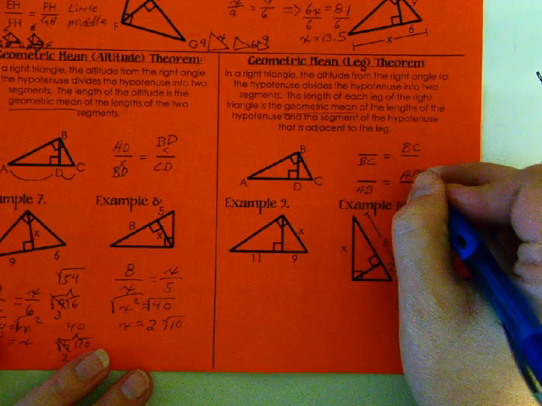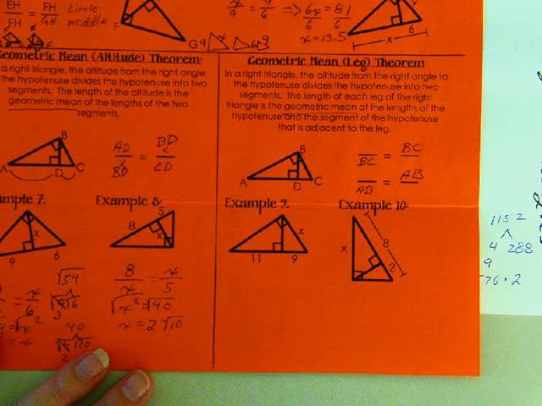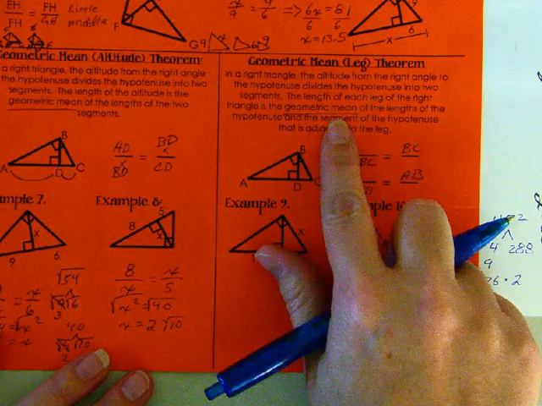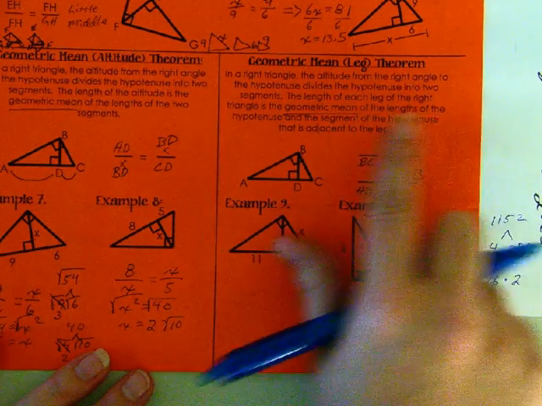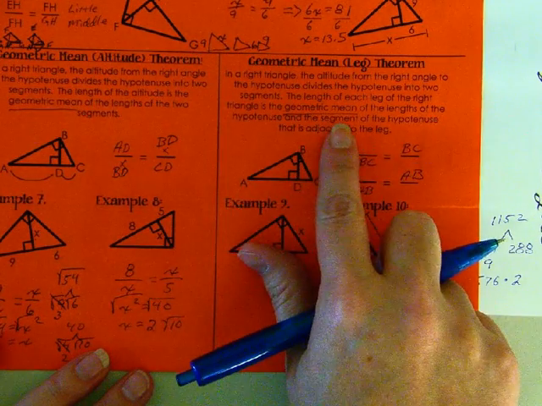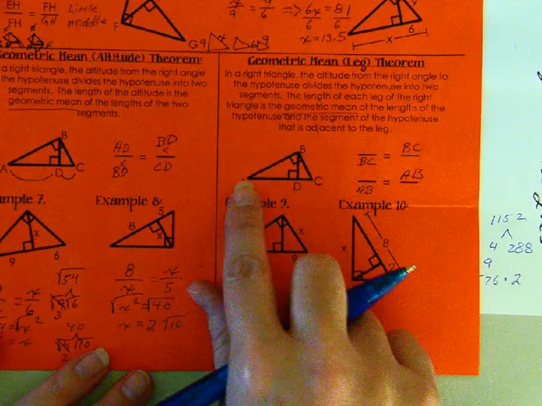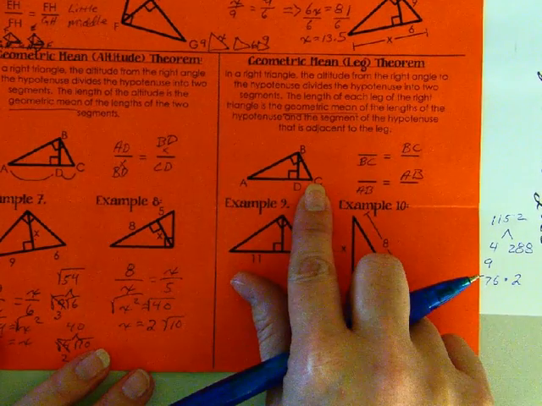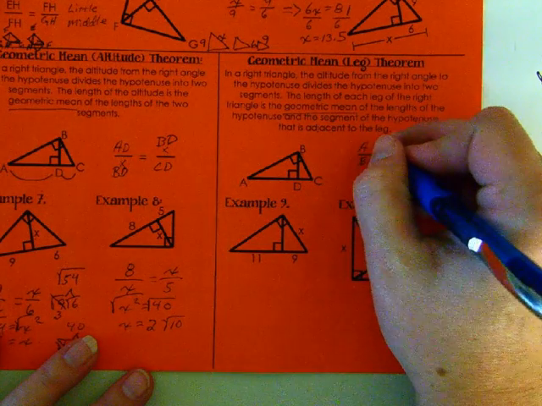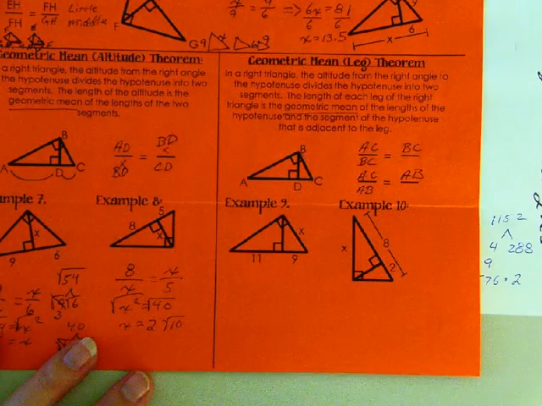So we've got two different situations here. That's the geometric mean of the lengths of the hypotenuse and the segment of the hypotenuse that is adjacent to the leg. Okay, so we're going to use the whole hypotenuse this time. So that's going to be the same for both.